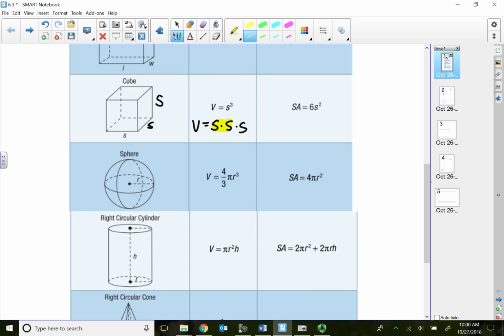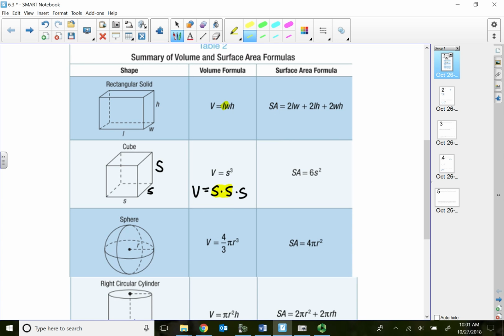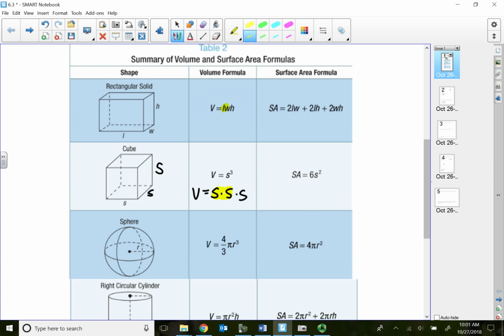Right circular cylinder. When it comes to a cylinder, we are using a circle for the base, and that is the area of the base we need to notice. The name of all these geometric solids is based on the shape of the base. We call this a rectangular solid because its base is a rectangle. A circular cylinder uses a circle for the base, and we also need to know how many bases we have.